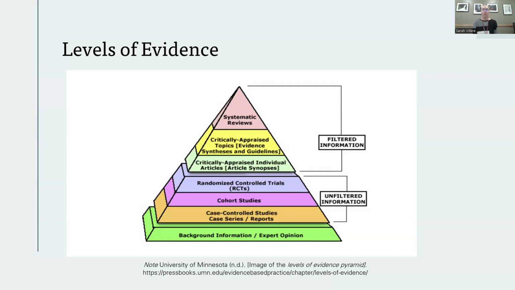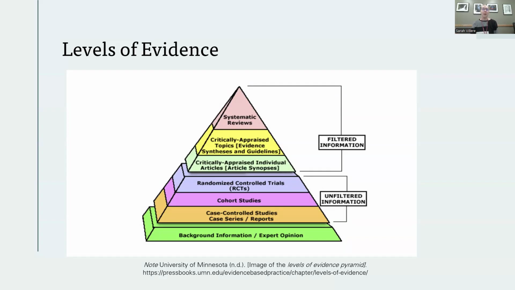And recall that we learned that this is not the case, that not all evidence is created equal. And knowing how to evaluate and rank the authority of different research methods is really important. So higher levels on this pyramid are more rigorous and have less risk of bias. So they're stronger studies, right?